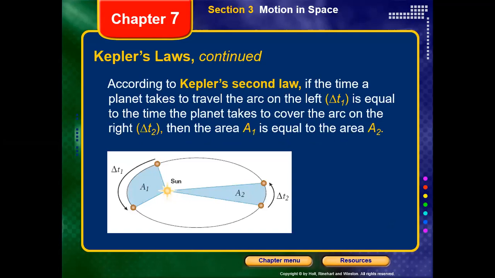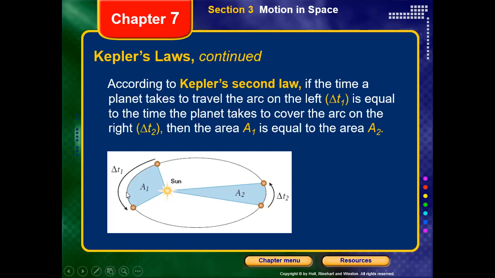Here, according to Kepler's law, if the time a planet takes to travel the arc A1 is T1, and the time it takes to cover the arc A2 is T2, and the two times are equal, then area 1 is equal to area 2.